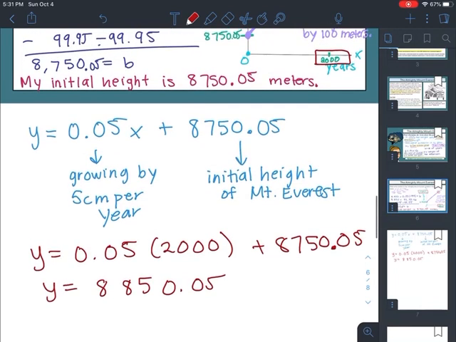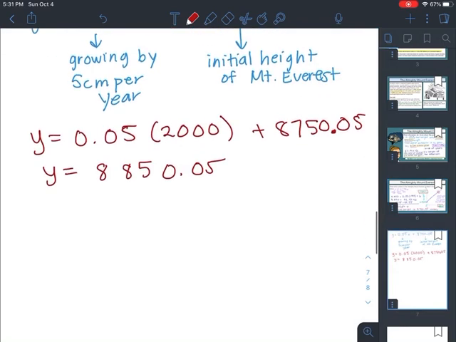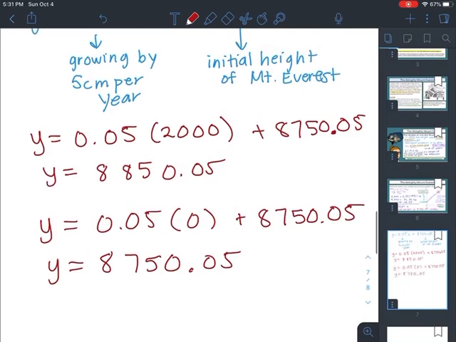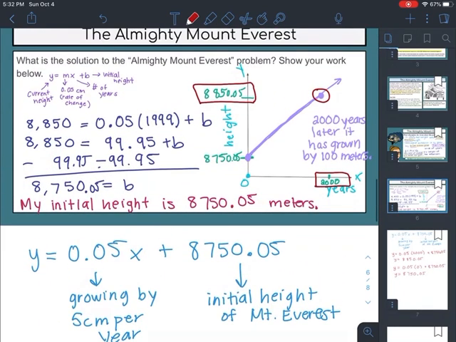I can do the same to find my initial value for year 0, and I know that at year 0 this was the height. So that's how I can find my points here on the graph.